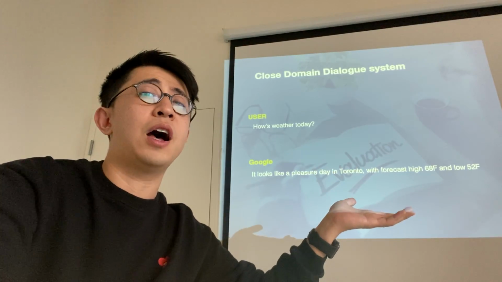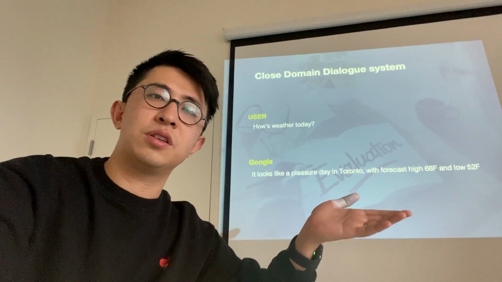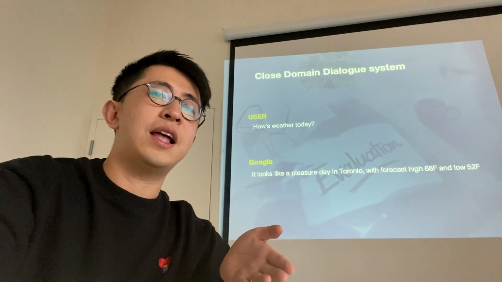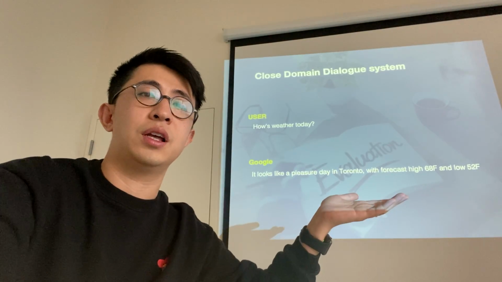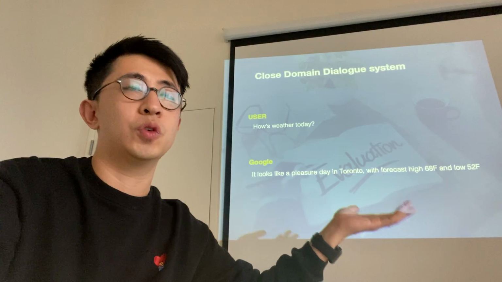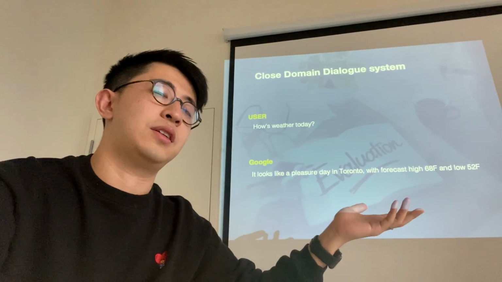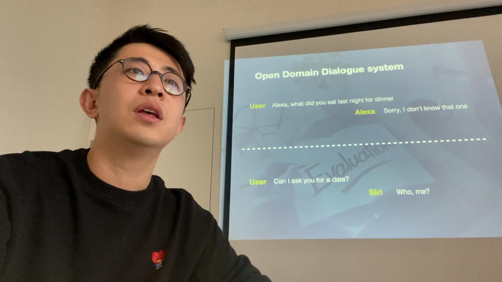If the dialogue system always cannot answer the user's questions and just sends the user to human workers, like a real person, to answer the question, then we cannot say the system is successful.